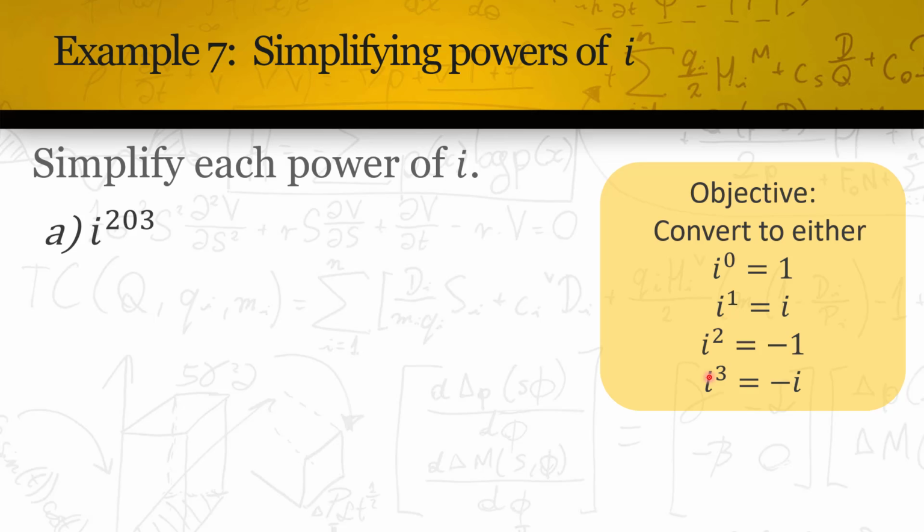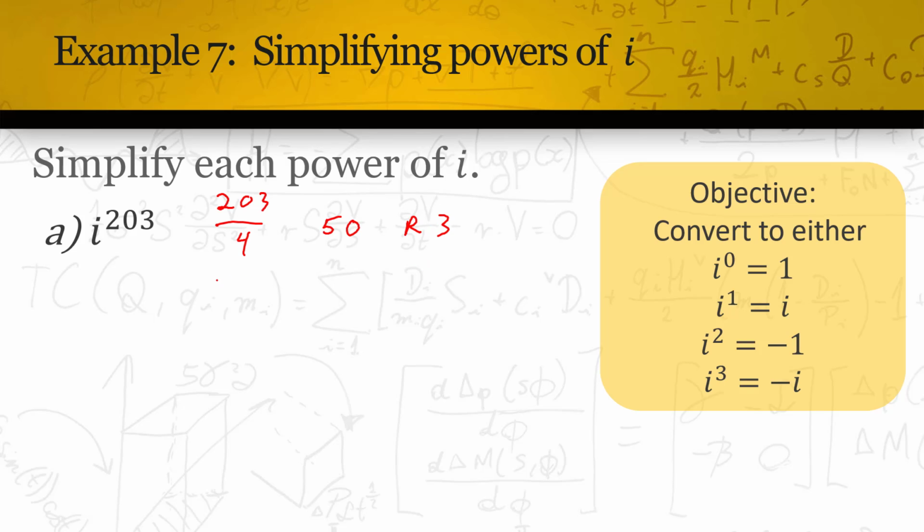One of the ways is to take 203, divide it by 4, and find the positive remainder. If we took 203 divided by 4, you would get 50, and you would have a remainder of 3.